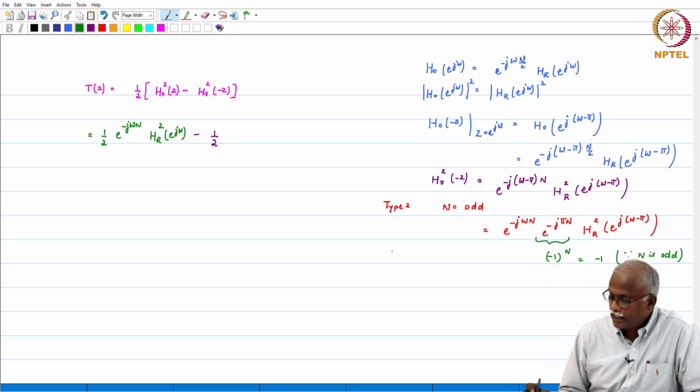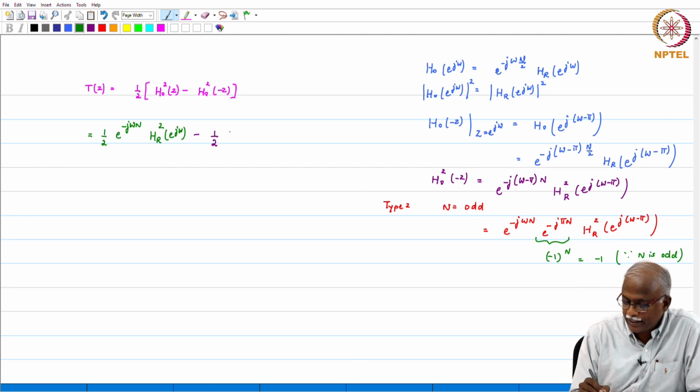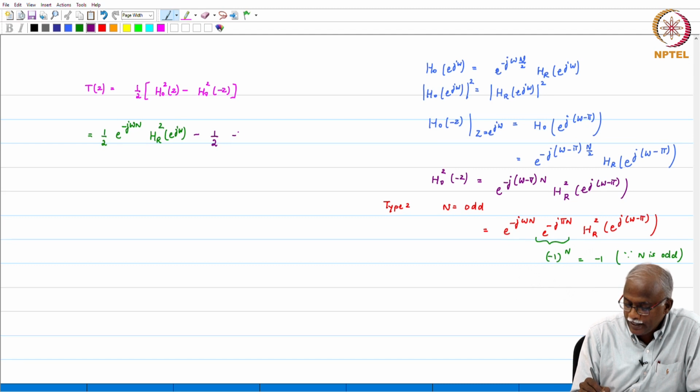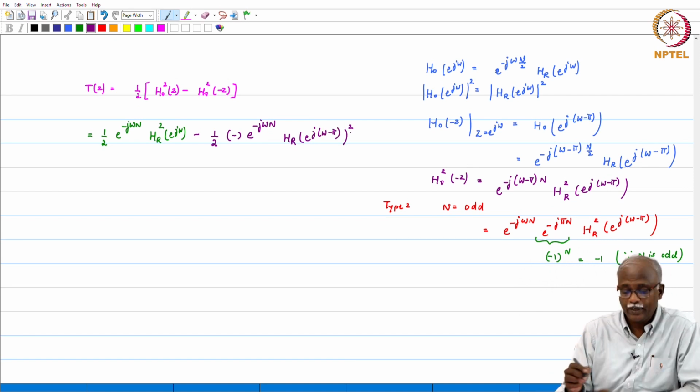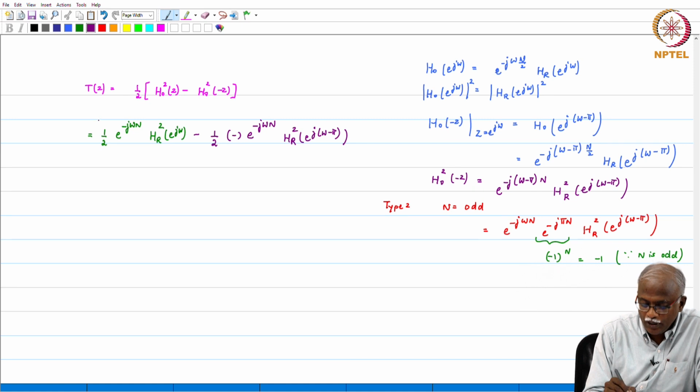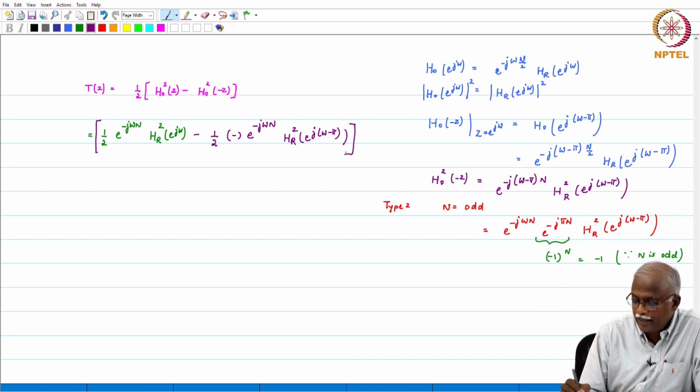So if you now substitute back into this expression, you will get a minus sign from the minus 1, e power minus j omega n, H R e of j omega minus pi whole squared. Okay, so this is the overall transfer function that we have.